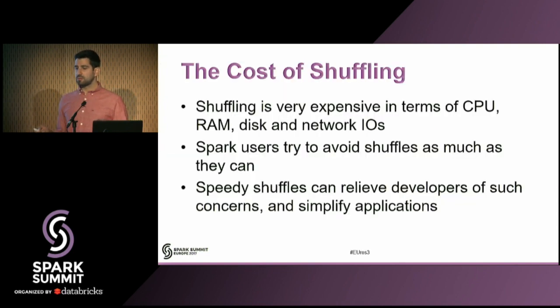So a little bit about the cost of shuffling. Shuffling is very expensive in terms of CPU, RAM, disk, and network IOs. People try to avoid it as much as they can, and sometimes very complex applications that can be written in a very simplified way become very complex because you try to avoid shuffles as much as possible.